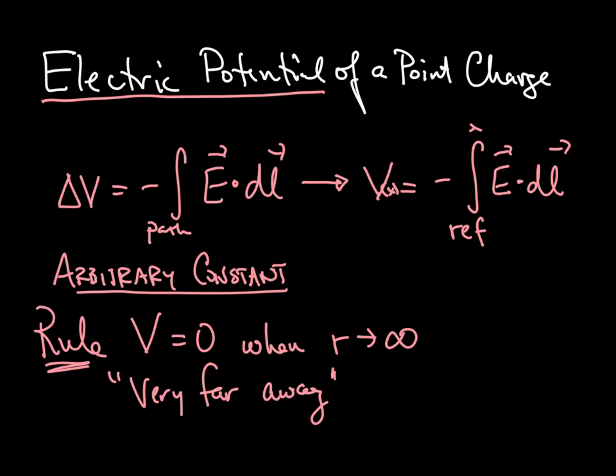Wherever we are interested in finding that potential, that's the endpoint, and out here is the reference. For finite charge distributions, that reference is going to be very far away.